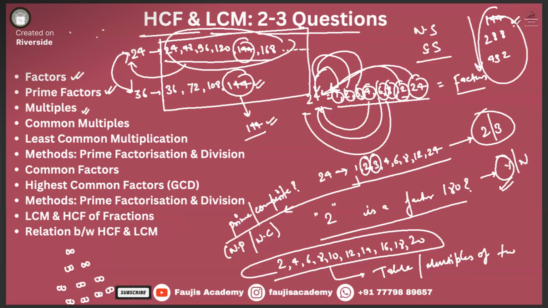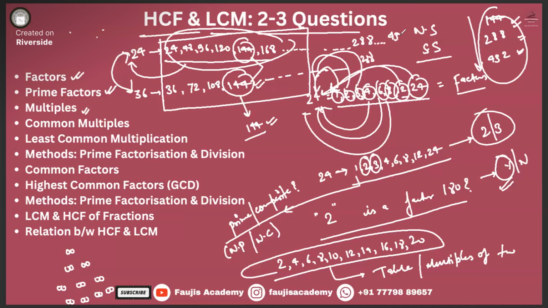So these are all your common multiples, isn't it? The multiples of 24 are 24, 48, 96, 120, 144, 168. And the multiples of 36 are 36, 72, 108, 144. Since 144 is common, if you stretch it you will find that even 288 and 432 are common.